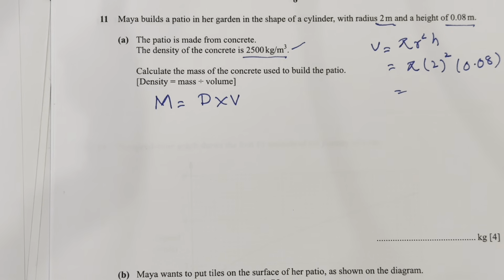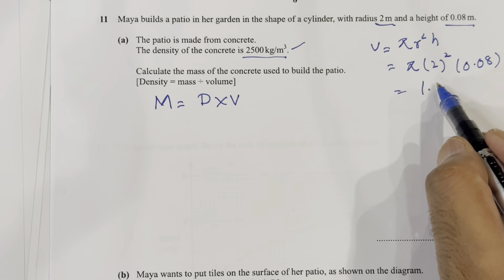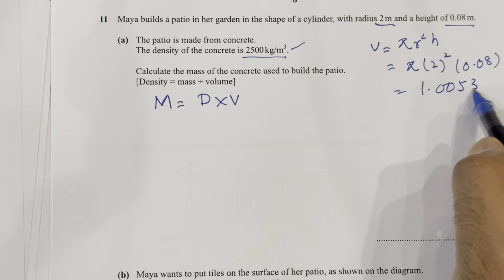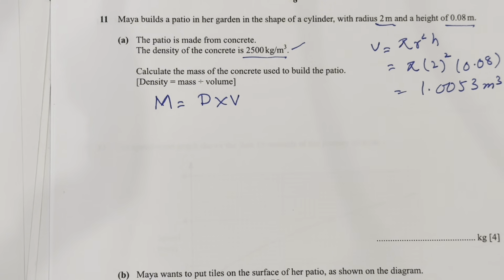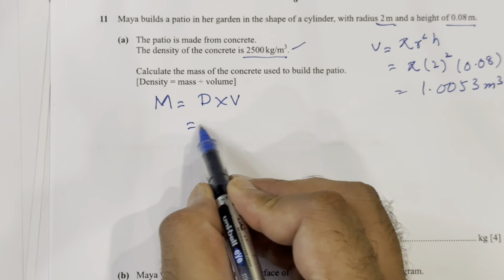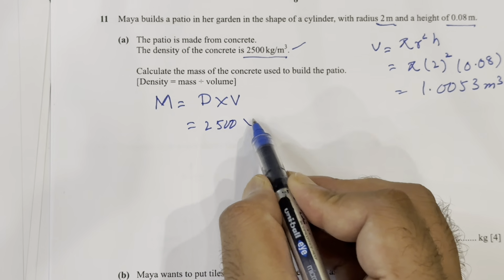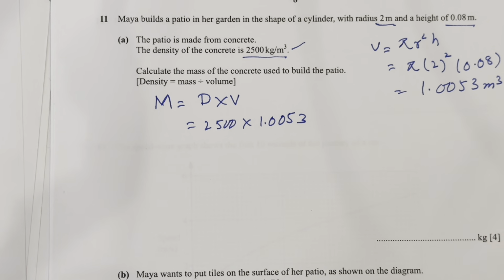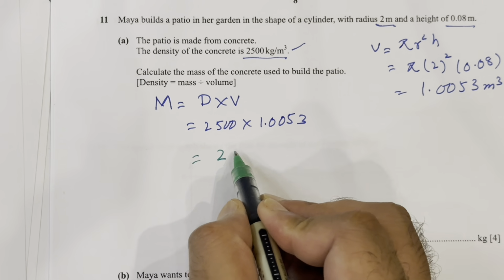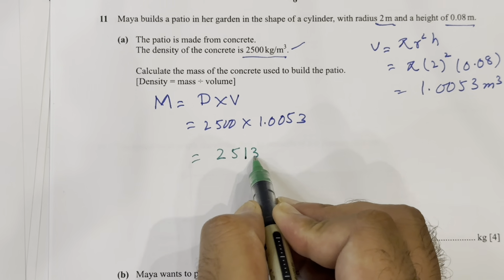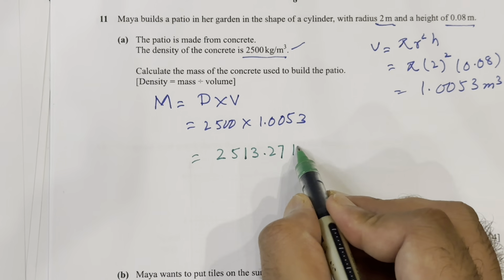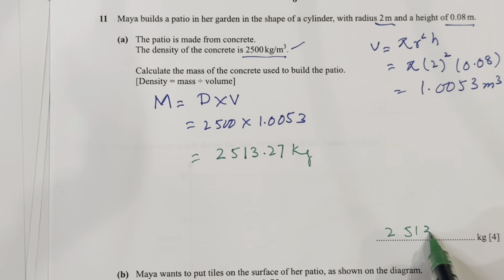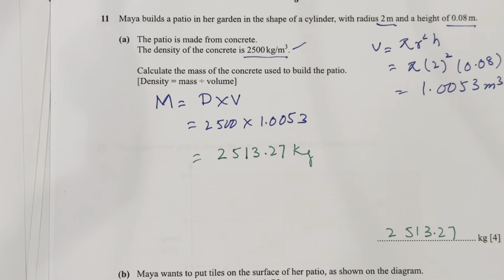The answer would be 1.0053 meter cube. So we're gonna use these values. Density 2500, multiply it by 1.0053. Answer would be 2513.27 kilogram. So I'm gonna write our answer here, 2513.27 kilogram.